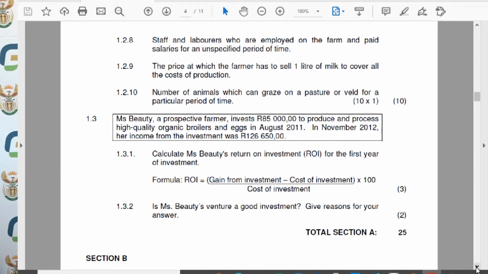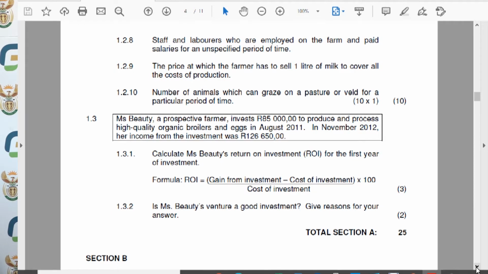Learners, since we are going to write the internal examination, let us do a revision on this question paper. The question says, Miss Beauty, as a prospective farmer, invested 85,000 to produce and process high-quality organic broilers and eggs in August 2011.